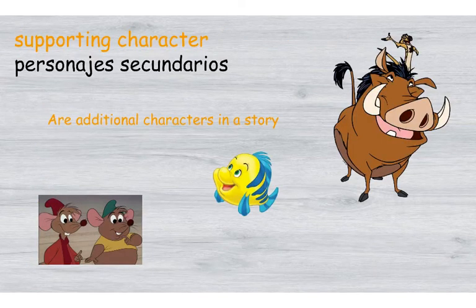The second type of character is called the supporting characters, personajes secundarios. They are just additional characters in the story. So I have some examples here for us. I have Timon and Pumbaa here from The Lion King. They help take care of Simba the lion in the movie, so they are important, but the whole movie isn't about them.